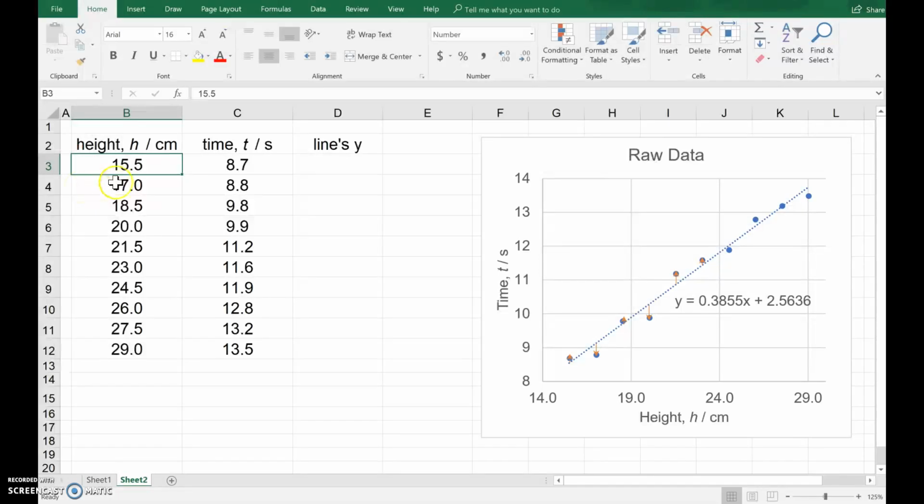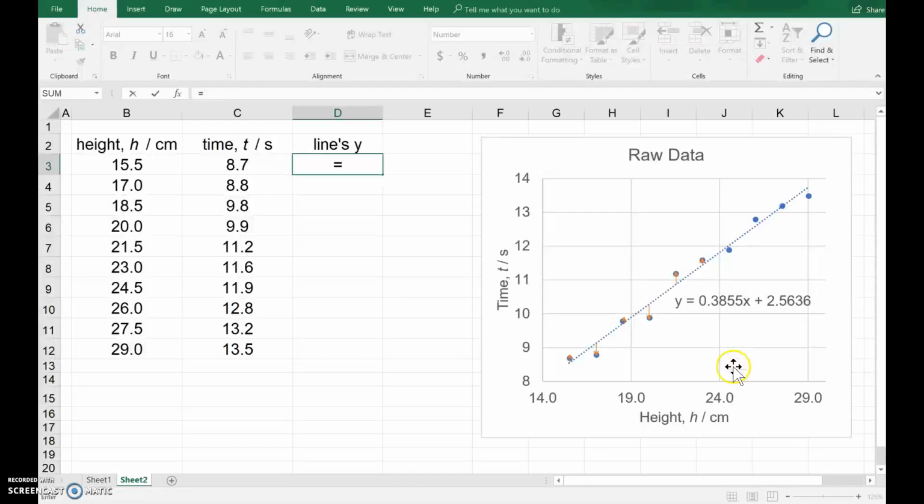Okay? So I do equals, I'm looking at my equation, I do 0.3855 times, and I click on the cell with my x value. And then I have to add the y-intercept, so again I'm looking at my graph, I'm looking at the equation. So I add 2.5636. So here's what I get, 8.5389.